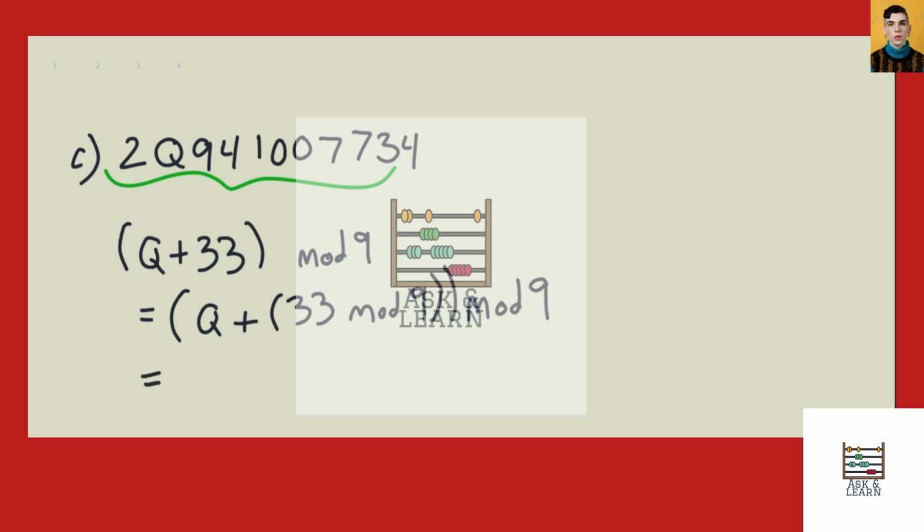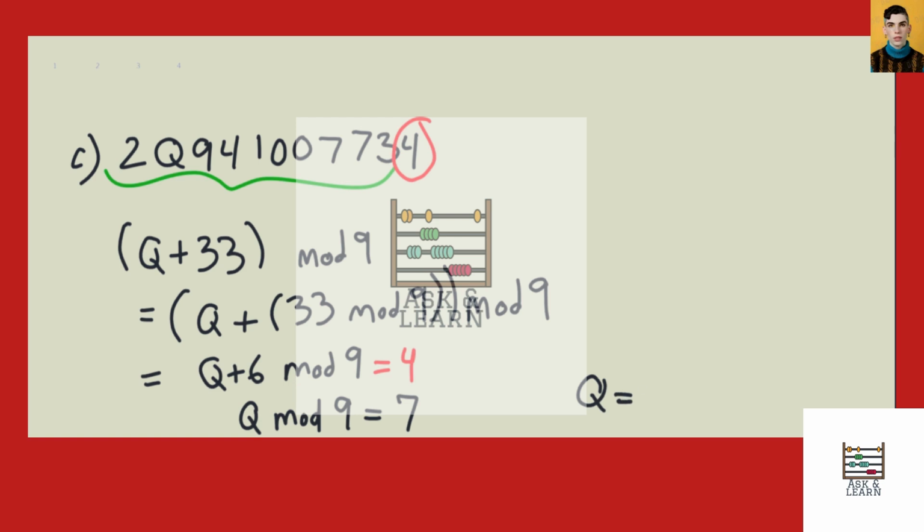So then this is equal to Q plus 6 mod 9. We know that our check digit is 4, so this must be equal to 4. So we're going to subtract 6 from both sides. We'll get Q mod 9 is equal to negative 2, but that's really equal to 7 in mod 9 language. So we get that Q is equal to 7.